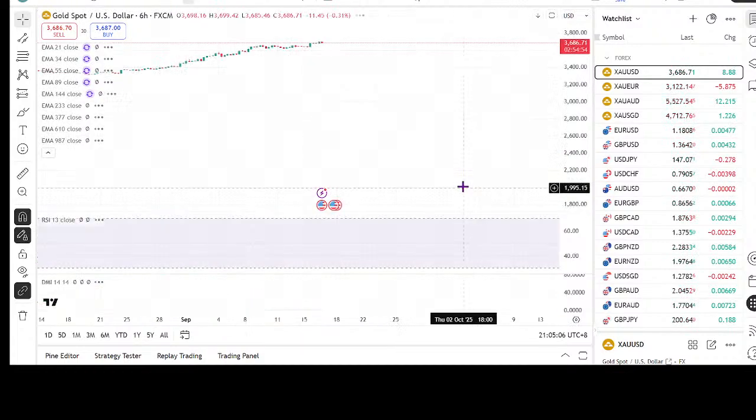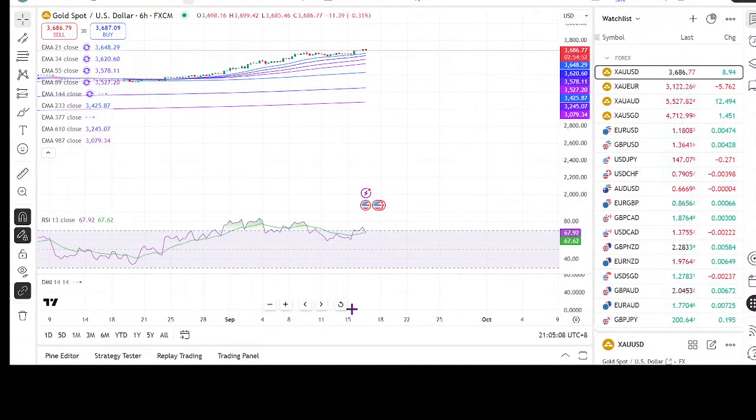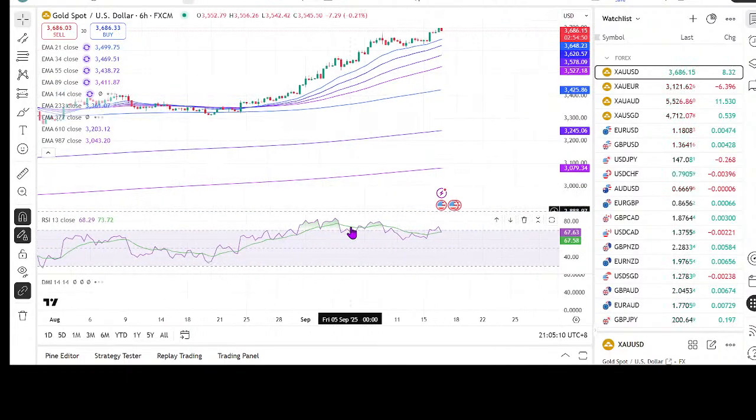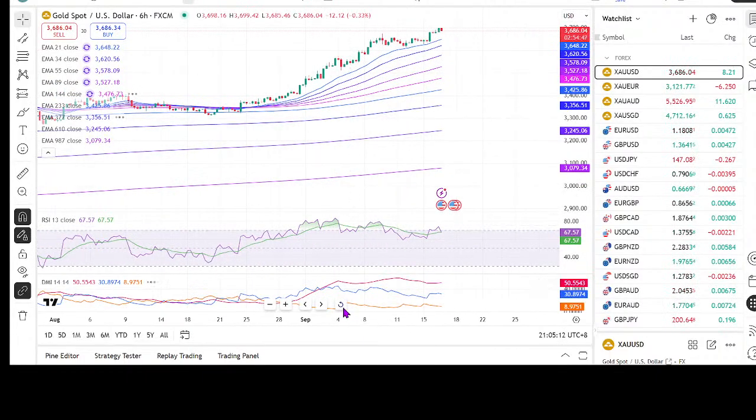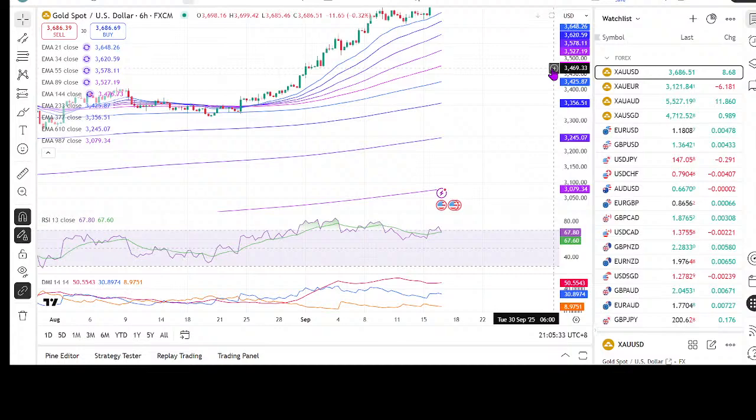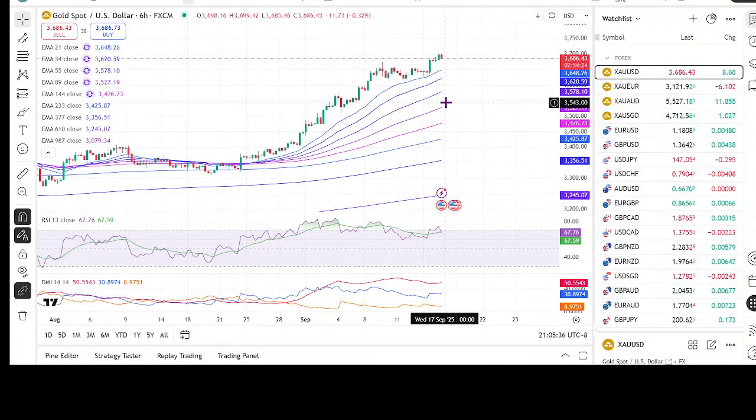If you look at the 6 hour, price is making a higher high, and your RSI is making a lower high. So this is one divergence we are seeing. And of course, we are also seeing a divergence on the DMI, which is also a good sign that the market is due for a correction. And the correction, we should see a pretty big move.